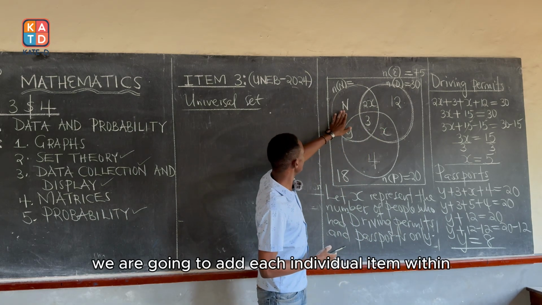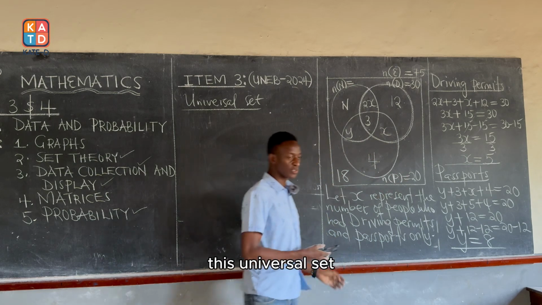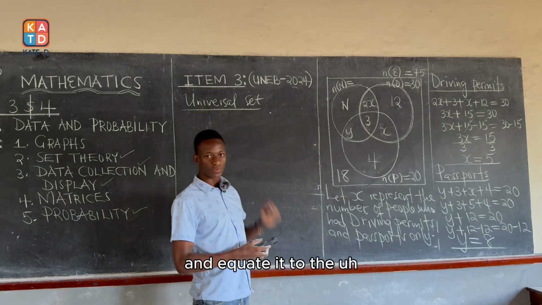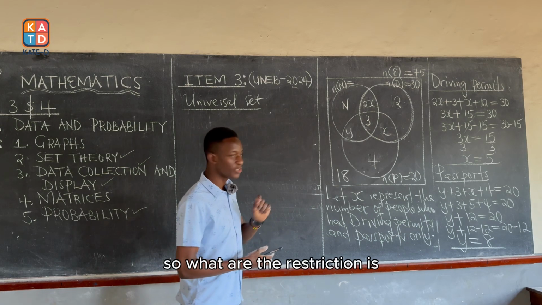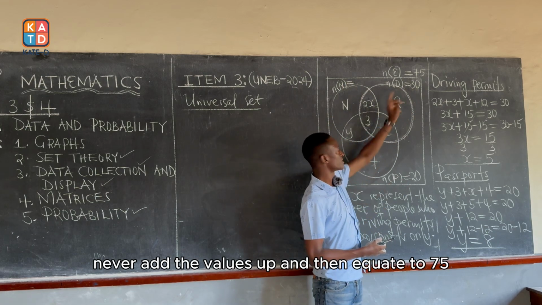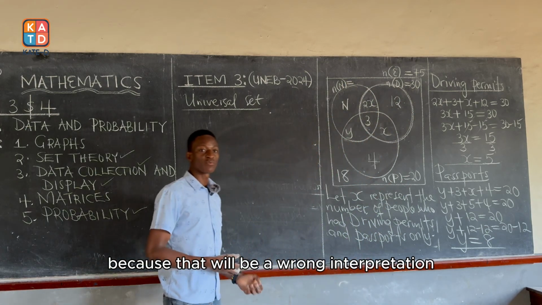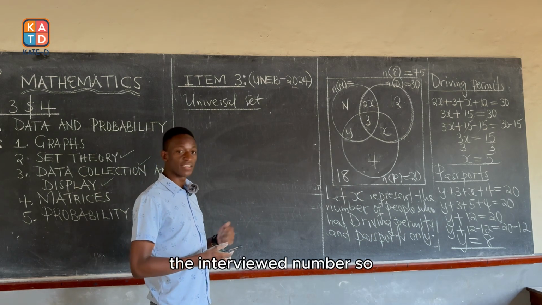Therefore, we are going to add each individual item within this universal set and equate it to the 75 people who were interviewed. The restriction is, never add the values up and then equate to 75 in the wrong way, because that will be a wrong interpretation. It will always give you something which exceeds the interviewed number.